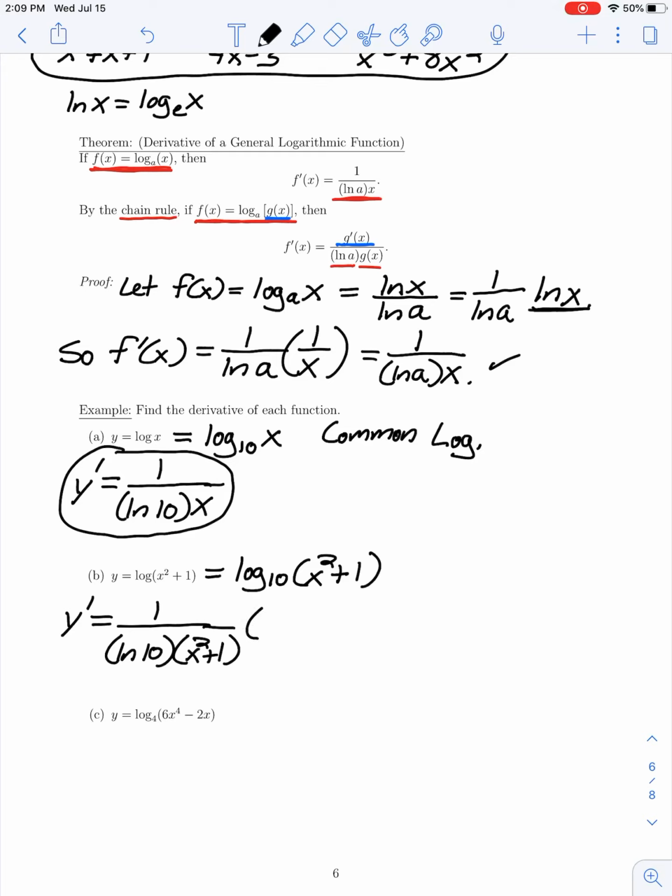But then the chain rule says we have to multiply by the derivative of the inner function. So the derivative of x squared plus 1 is 2x, or writing this as a single fraction, we have 2x divided by the natural log of 10 times x squared plus 1.